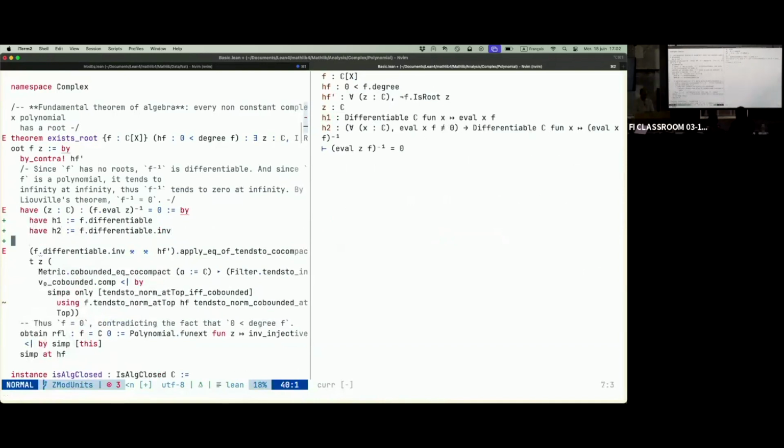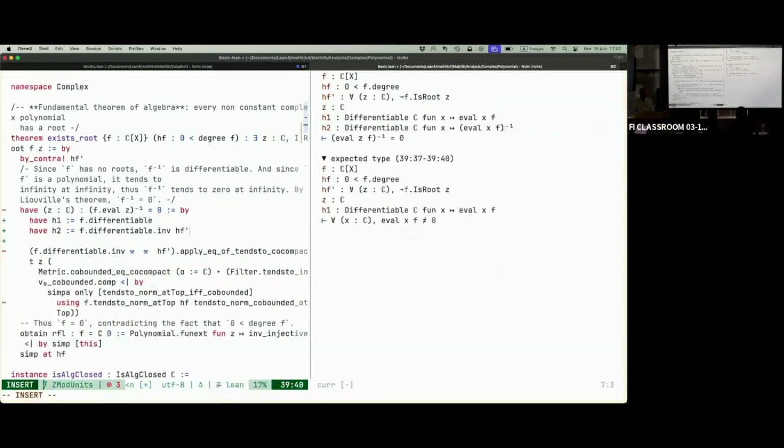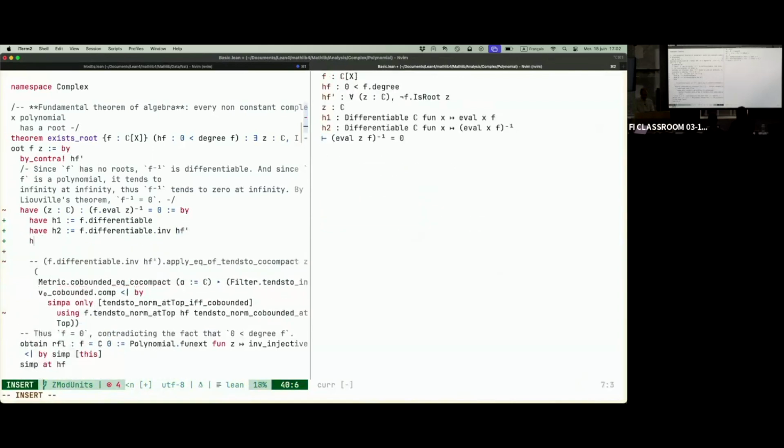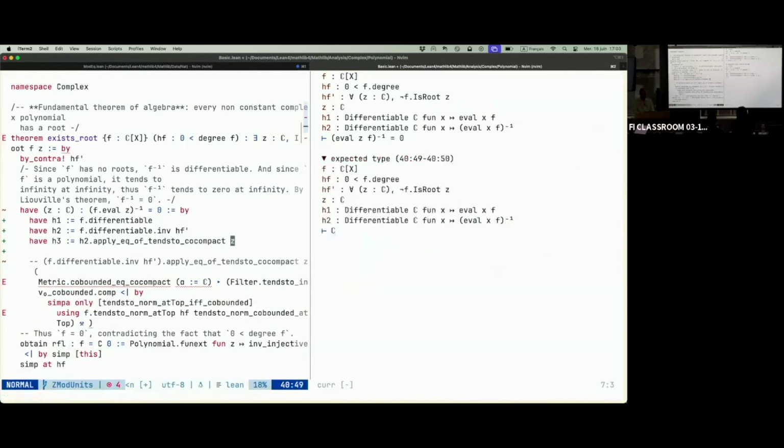So if I put HF prime as a hypothesis, I get that the inverse is differentiable. Maybe this doesn't work. So then I could try to, let's try H2 dot apply, tends to co-compact. Doesn't work. Maybe.